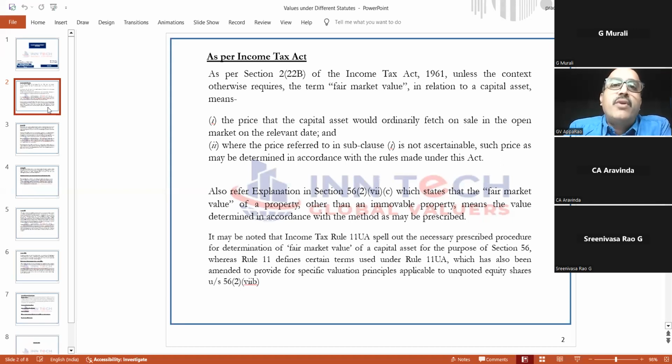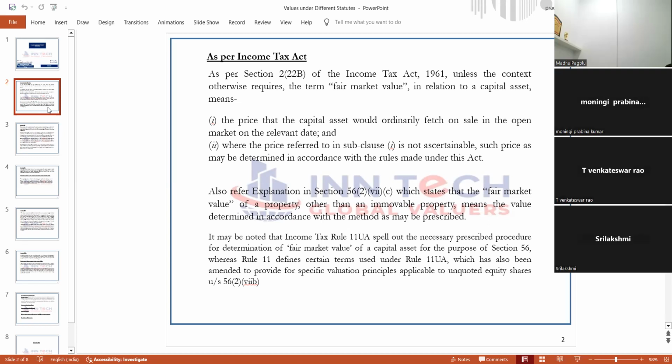So normally, if you see the definition of the scientific way of valuation, value is both a science and an art. But if it is a pure derivation, like it was in the Wealth Tax Act under Rule 8, they used to do just a calculation sort of thing.